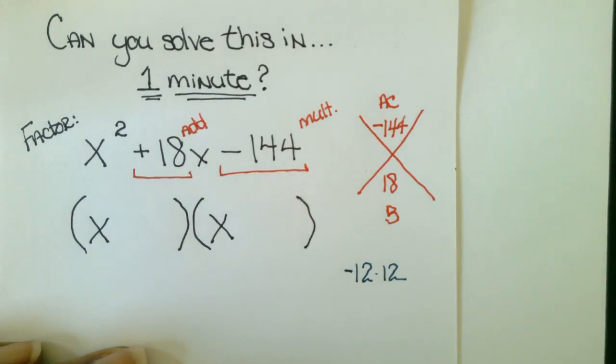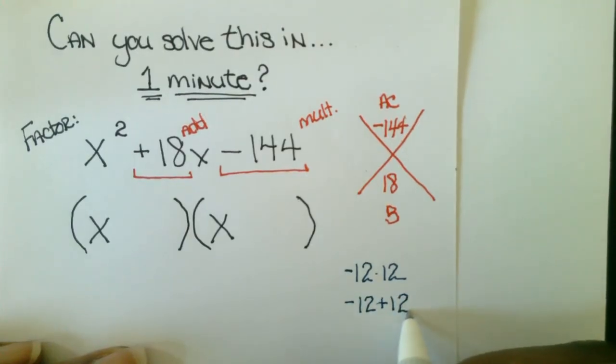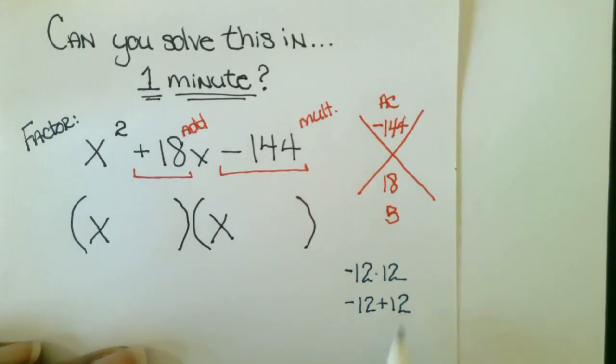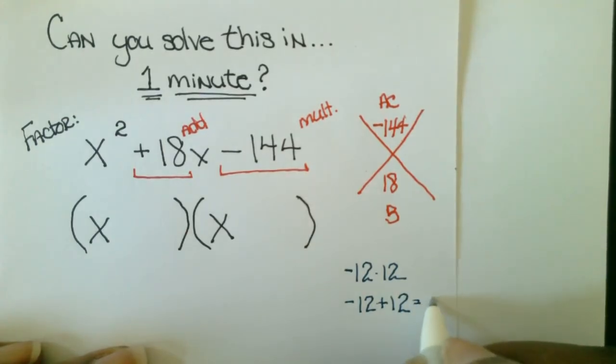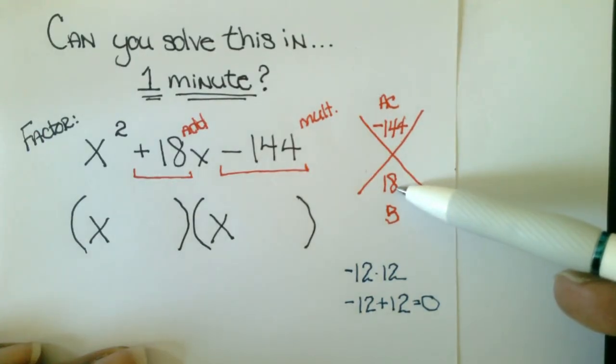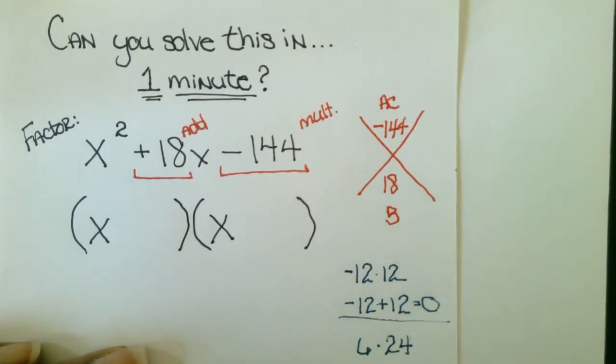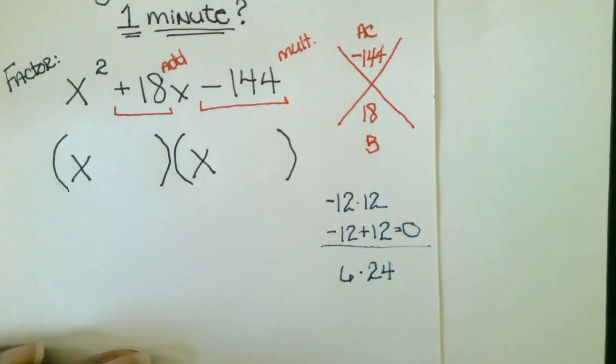But if I add those two together, I get 0, and we're looking for 18. So if we try a 6 and 24, this is when we play around with numbers.